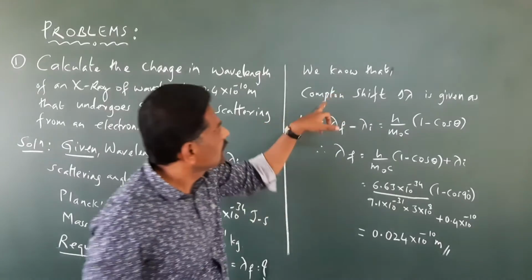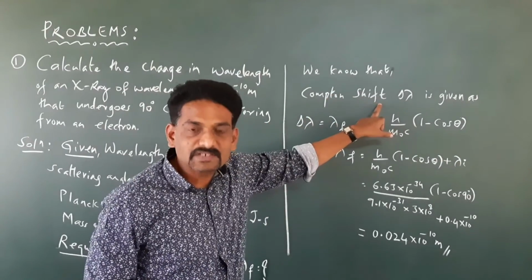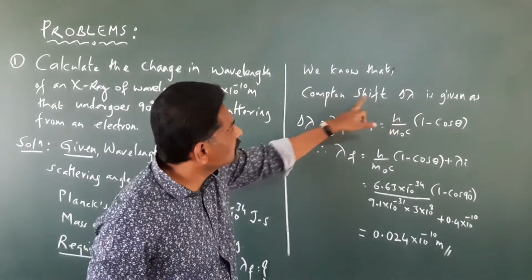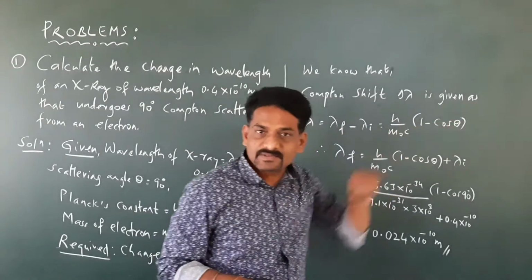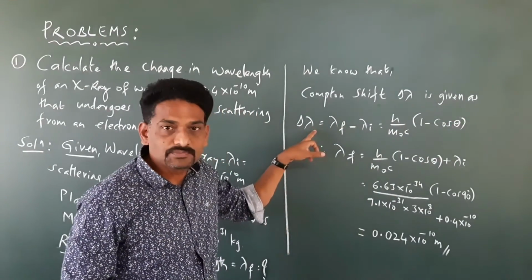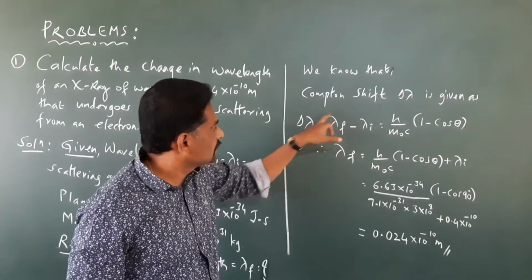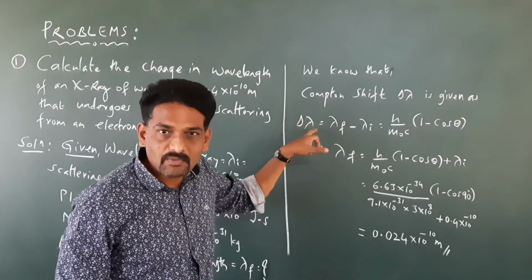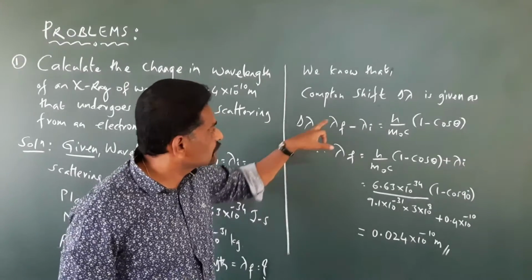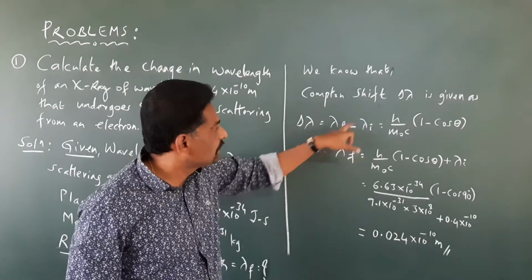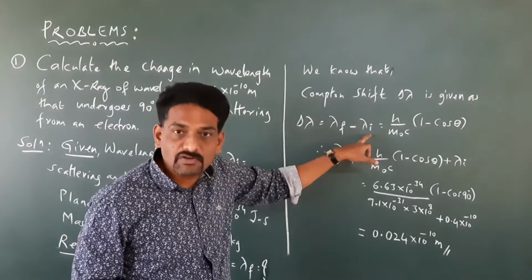We know that we have a standard formula for the Compton shift. The Compton shift delta lambda, the change in the wavelength, is given as delta lambda equals lambda f minus lambda i, the final wavelength minus the initial wavelength.